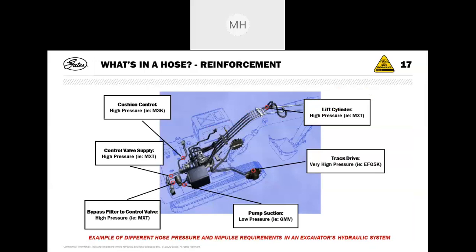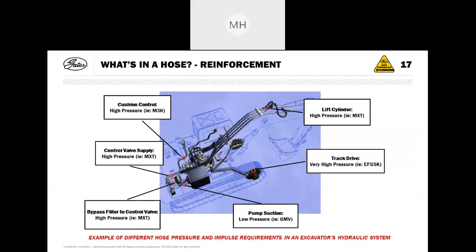So to give you a bit of a breakdown on different areas of the machine, we have a number of different hoses identified on this image here. We've got the cushion control, so that's a high pressure hose in that application. The lift cylinder, again, is a high pressure application because it'd be lifting a lot of load and moving the implement around. Control valve supply, so that's again a high pressure, generally coming from pump to the control valve, same as the bypass filter to the control valve, which is considered high pressure.